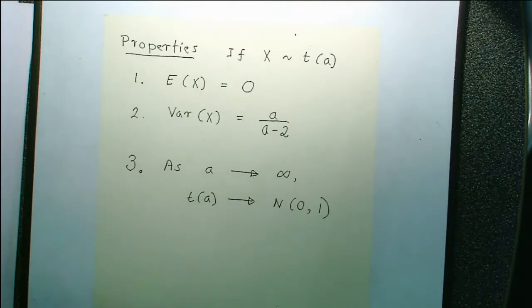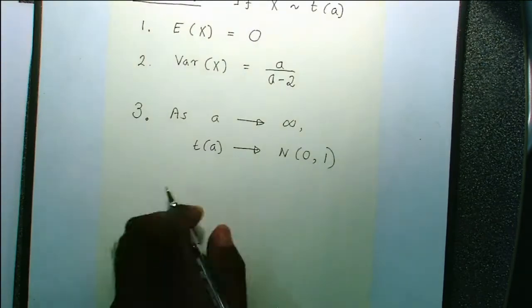Property number 3 is hard. It's not easy to prove, but the first two properties should not be difficult to prove. You should be able to prove 1 and 2, but for number 3, the proof is not easy.